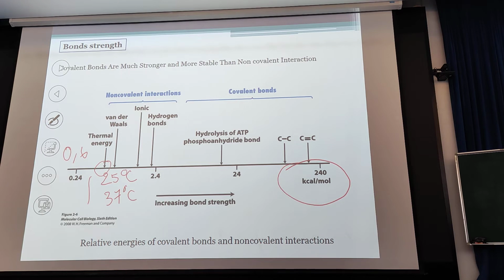In contrast, you can see all the non-covalent interactions here. They require just 1 to 5 kilocalories per mole, much less than the bond energies of the covalent bonds.